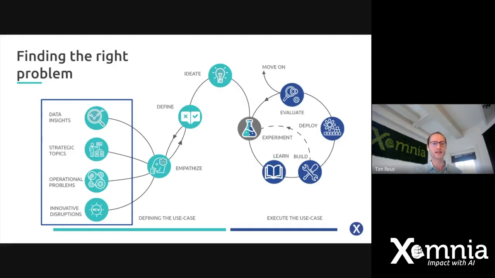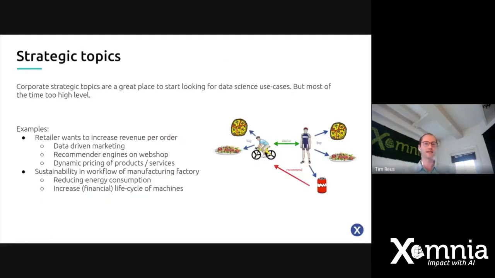So the first one, and I would like to think also one of the most important places to find good use cases, are strategic topics. These are probably topics that management level or the board of directors or even your own manager has come up with in your department, which you should focus on, right?